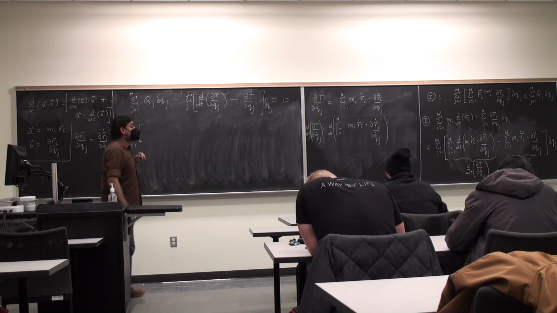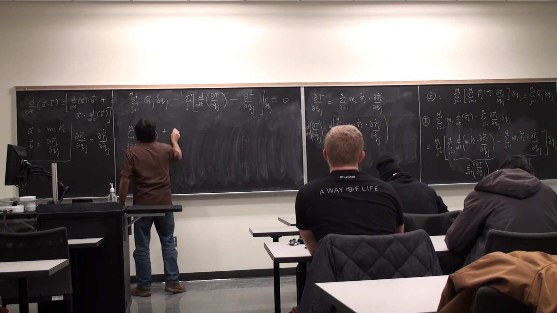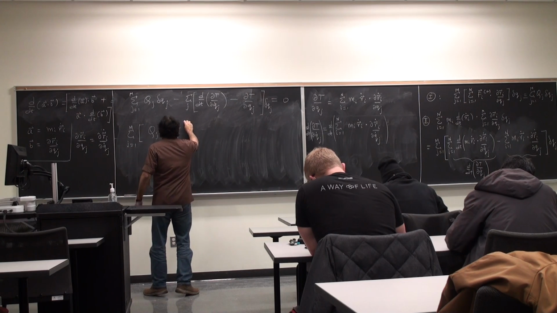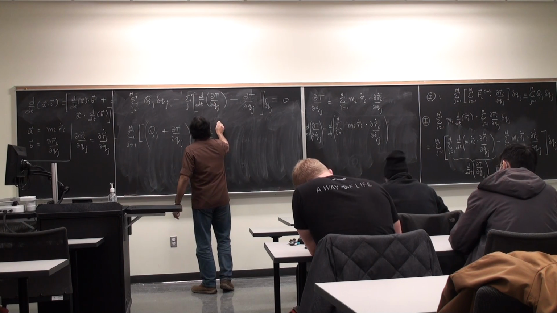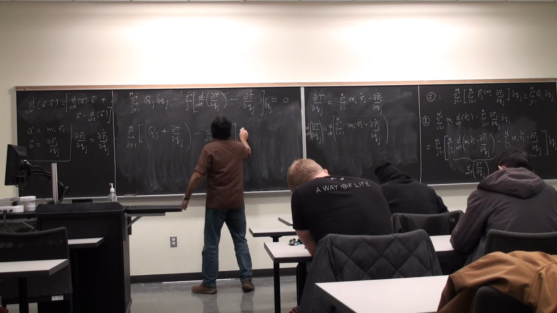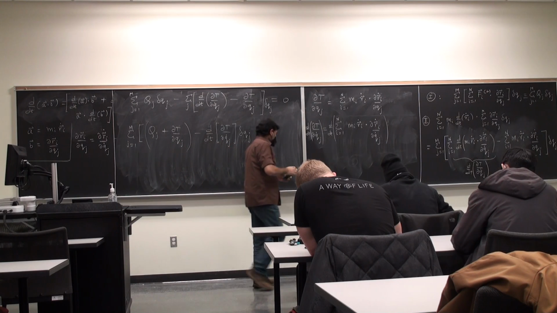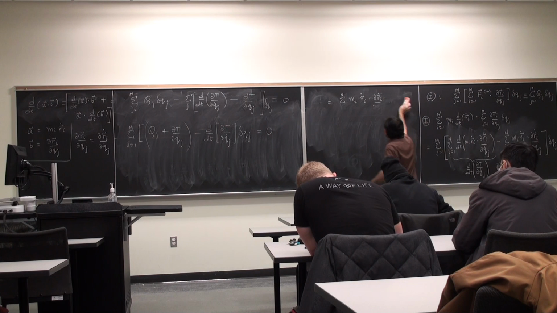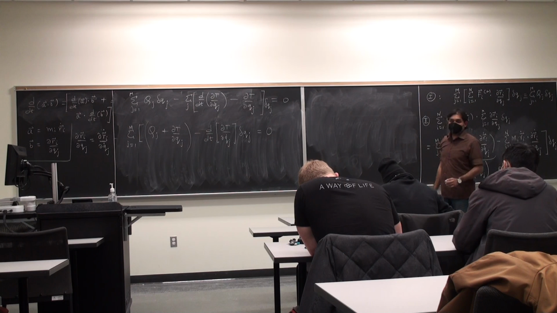So this is Q_j plus dT by dq_j minus d by dt of dT by dq_j dot, where T is the kinetic energy of the system. Important, it's of the system, not of a single body. Okay?